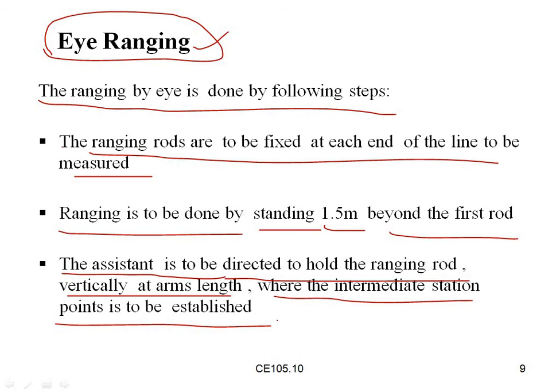So within a certain distance or intermediate distance, the ranging rod should be kept. Then, seeing from far, 1.5 meters behind, we should sight the ranging rod. Only the first one should be looked after. So that is nothing but all the rods coming into a straight line. That is eye ranging.